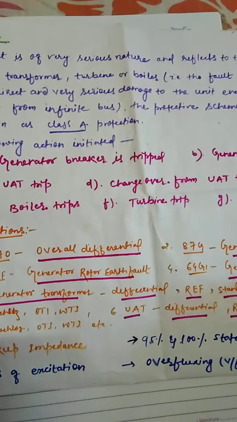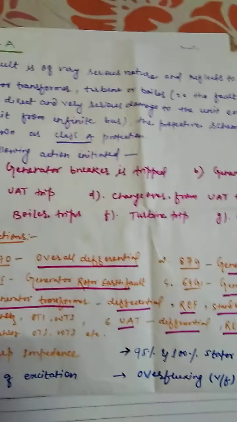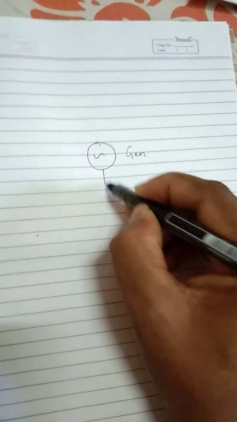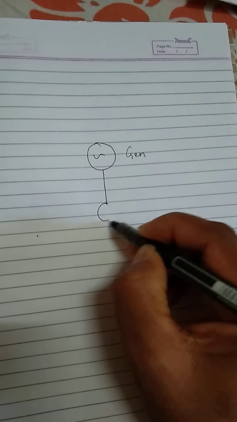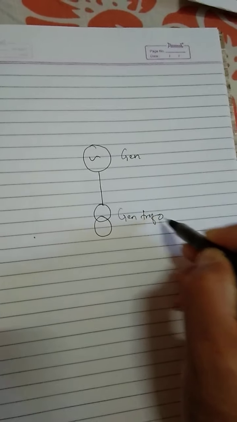Now let's have a look at the SLD, like what is UAT, what is SAT and what is the requirement of changeover from UAT to SAT. So I am drawing a single line diagram. This is the generator, this is the generator transformer.